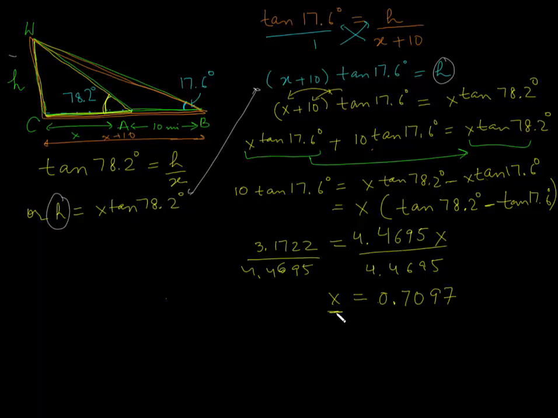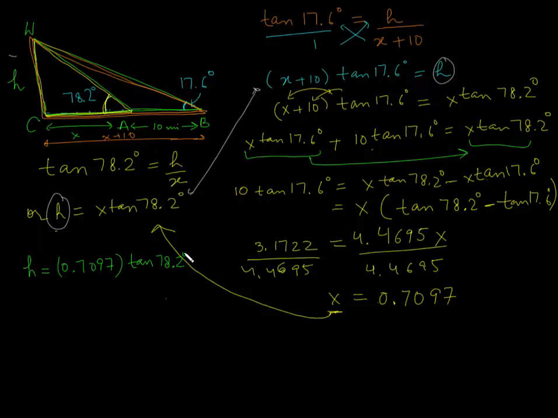Now if we back substitute the value of x in the first equation that we had found, we can find the value of h. So h equals 0.7097 times tan 78.2 degrees. Okay, now put that in the calculator.